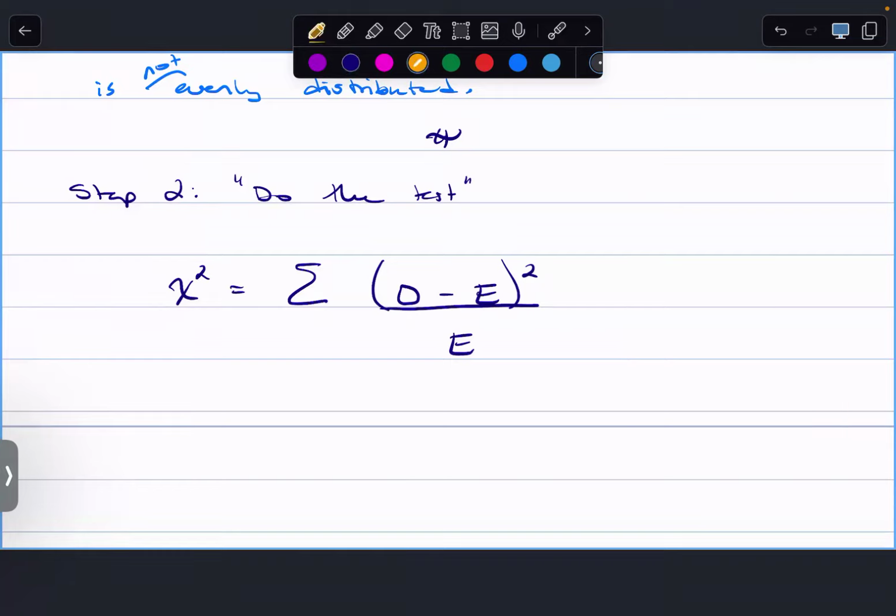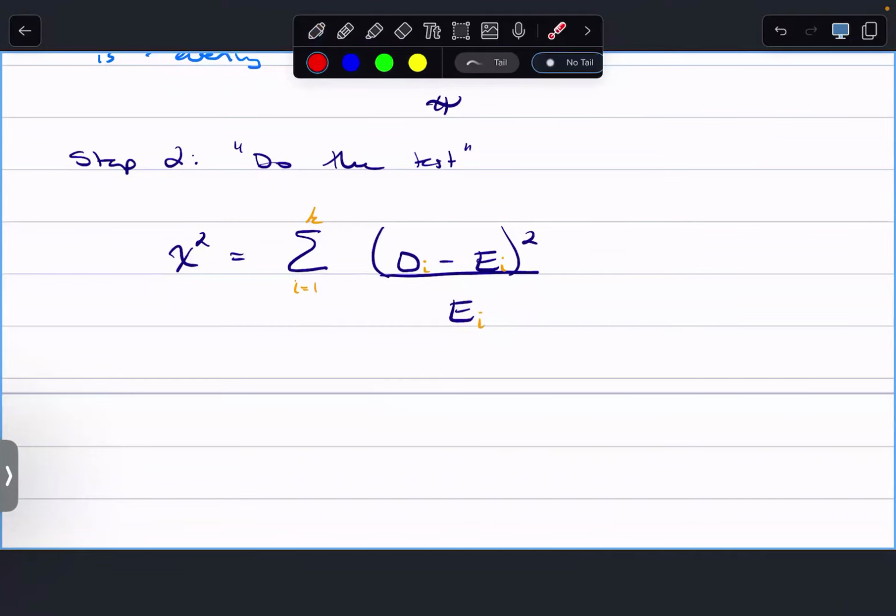Now, I'm going to throw the subscripts on there, right? The indices from i = 1 to k. The observed count in the category i, which starts at 1 and goes through k. But these are optional and I tend to drop them just because they make things look more confusing than they are.